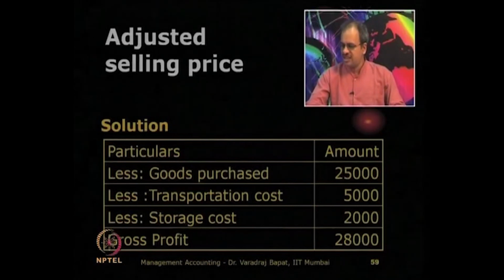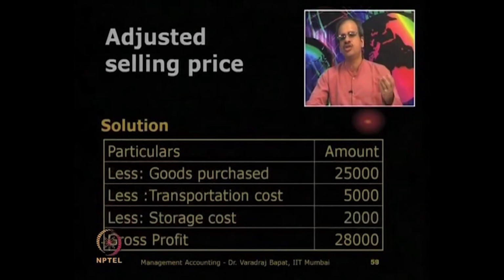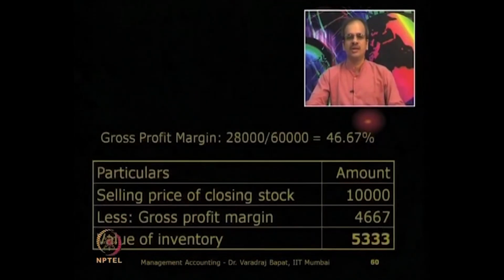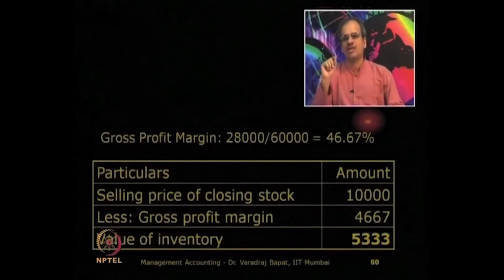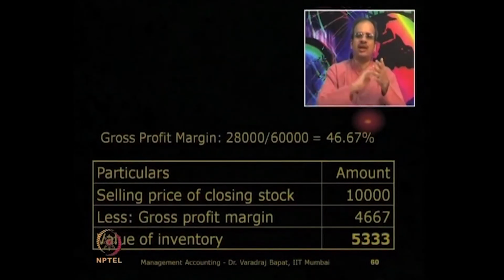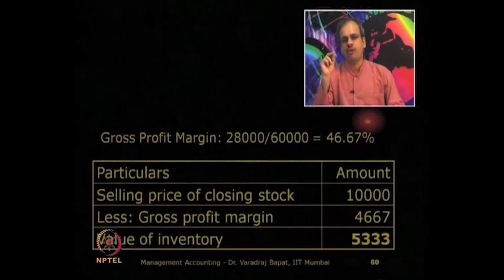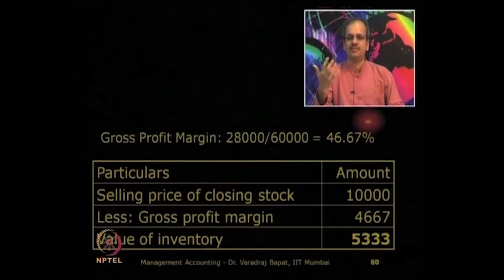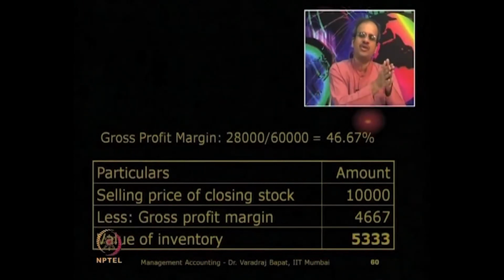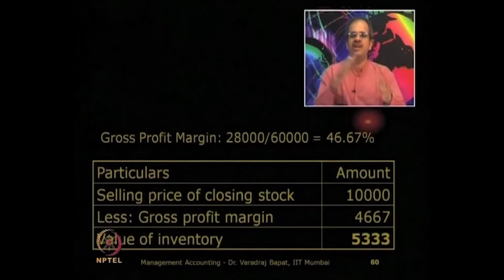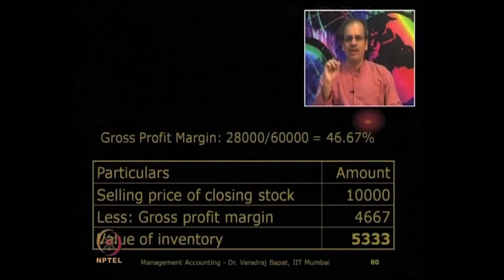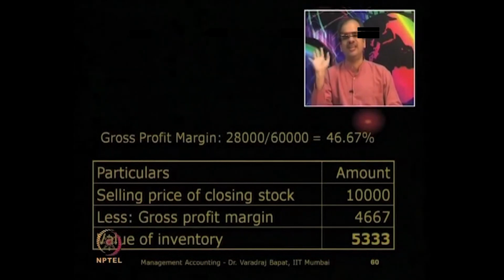So, out of 60, we will reduce 25, 5 and 2 and get a gross profit of 28,000. Now, we will calculate the gross margin. So, you have got 28,000 upon 60,000. So, 46.67% is a margin on the selling prices. Now, we know that the selling price of the closing stock is 10,000. We will reduce 46.67%, that is 4667. So, value of inventory is 5333.